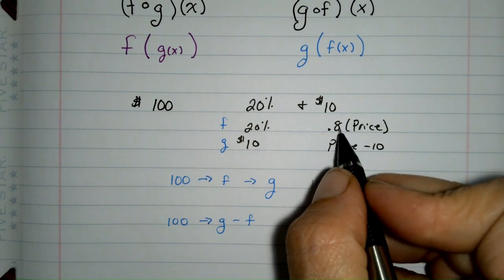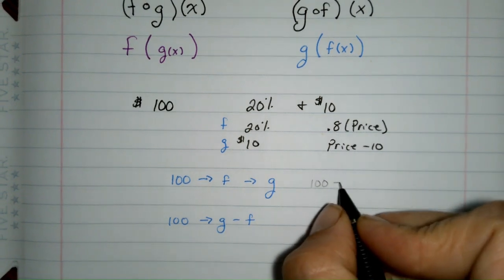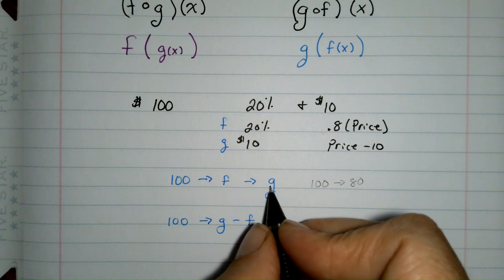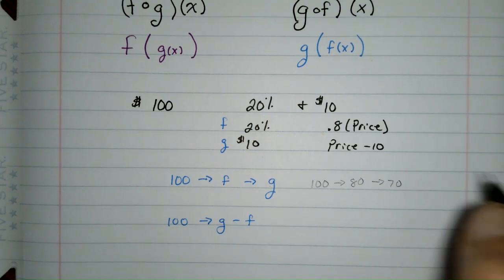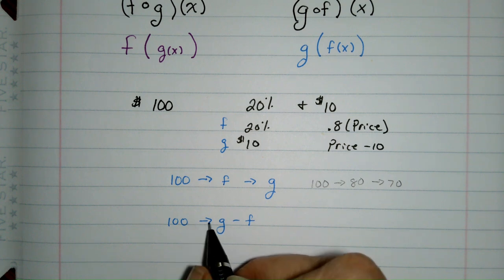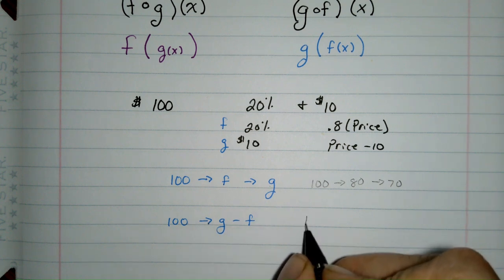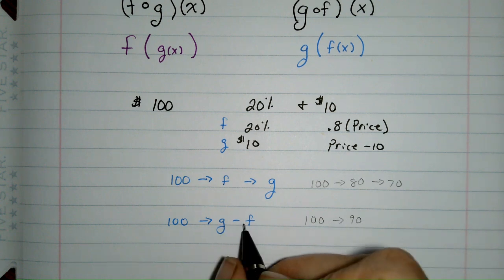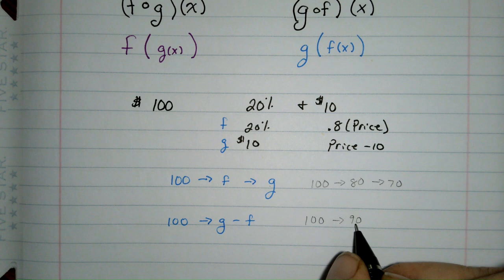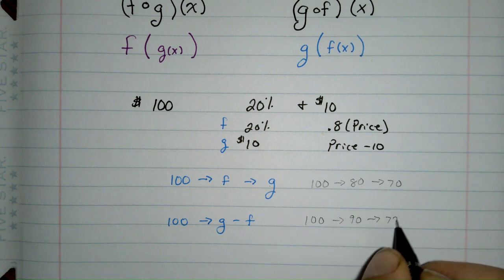We'd take off 20% or do 0.8, so we're down to 80. And then we're going to do G, which is our price minus 10, now we're down to 70. Versus here we start at $100 and we do G. So we take off $10, we're at 90. And then we do our F, which is 20% off of 90. Now we're only saving 18, not 20. So now we're down to 72.